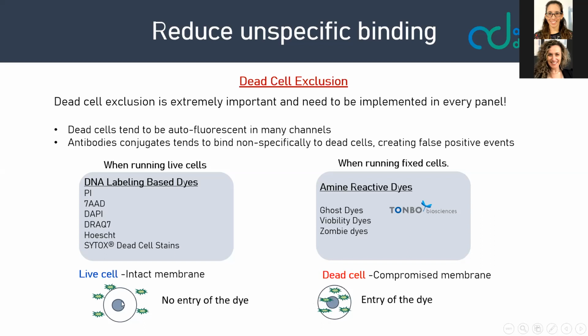And in case of live cells, this dye will only bind the amine groups on the cell surface. So then using those amine reactive dyes or also the DNA labeling-based dyes, you will get a distinct positive signal for the dead cells, and in this way you can gate on the negative population, which are the live cells.